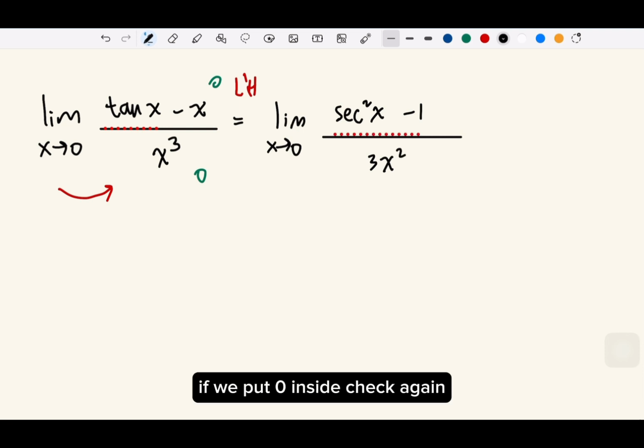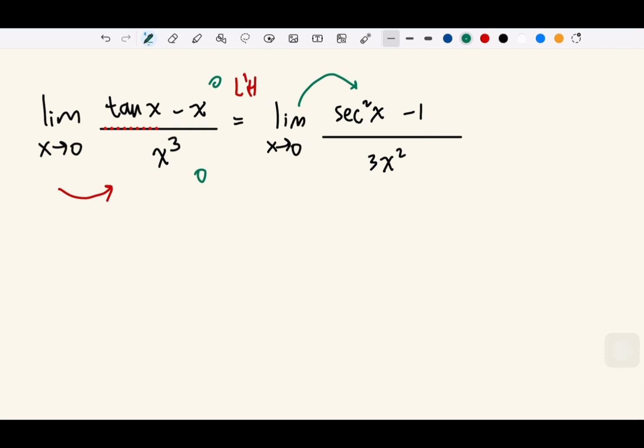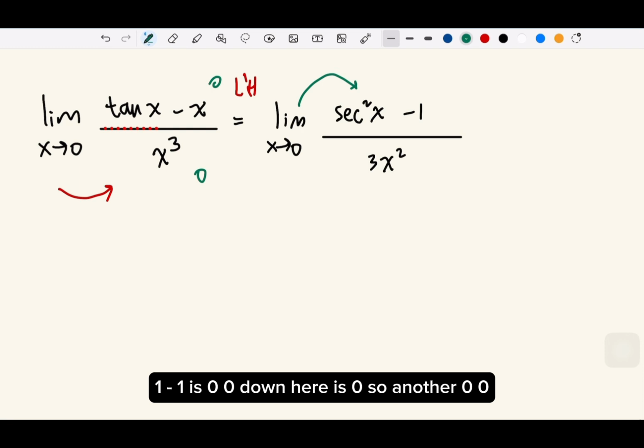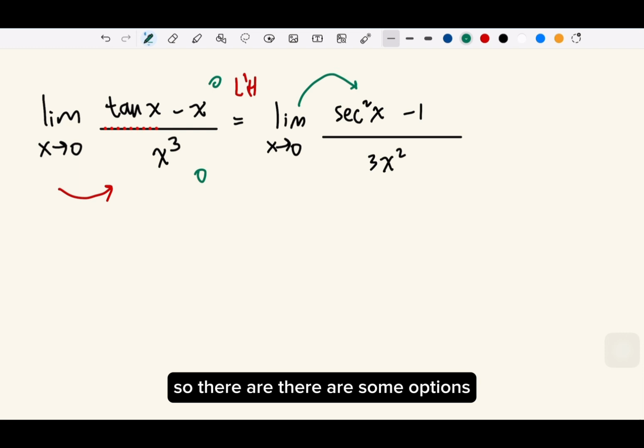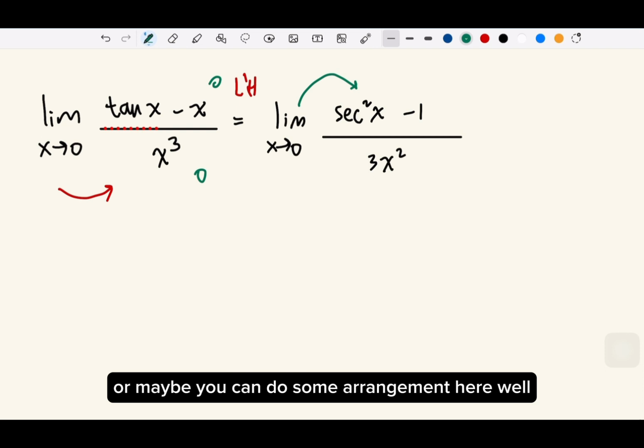If we put 0 inside, check again. The secant squared x is 1, right? So 1 minus 1 is 0. 0 down here is 0. So another 0 over 0. So there are some options. You can do another L'Hopital, or maybe you can do some arrangement here.